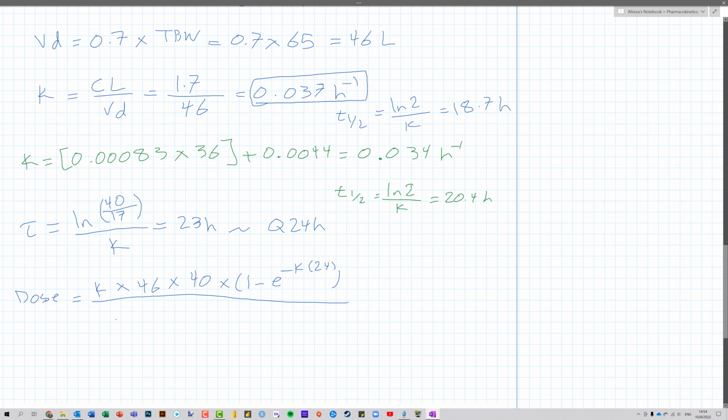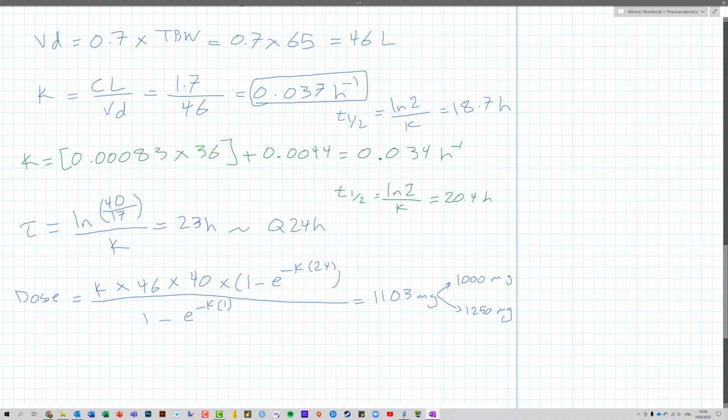And then in the denominator, we have 1 minus e to the negative K times the time of infusion, which we'll just assume is 1 for now. This will give you a dose of about 1103 milligrams. You can either round this up or down. Because this is not unusually high, I don't have concern for nephrotoxicity, so you can either do 1000 milligrams or perhaps 1250.